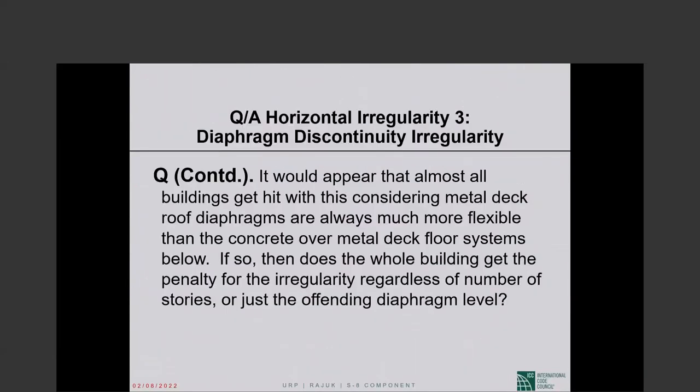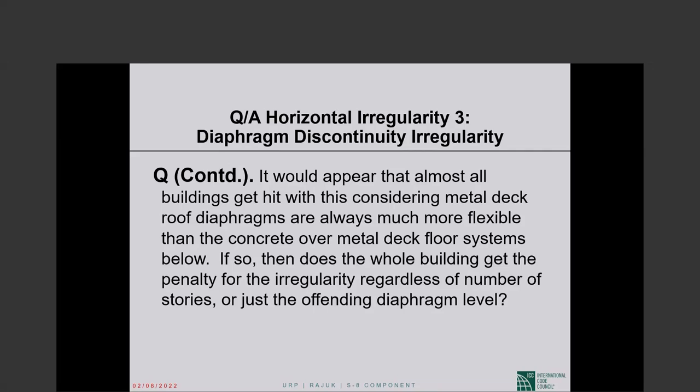The second question, on which we have spent a lot of time, is an important question. In office buildings, the floors are typically steel. Well, first of all, many office buildings are made of steel, and the floors are steel decks that are topped with concrete. But the roof level steel deck is typically not topped.